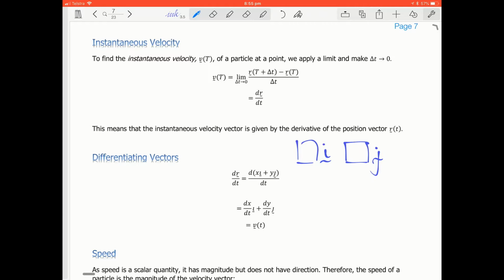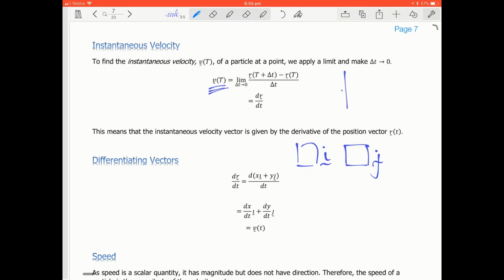So here, if I want my instantaneous velocity, it's the limit as the change in t approaches 0, because that makes sense. If we've got a position vector and another position vector, if I make the change here in time approach 0, they're going to be right next to each other, and it's going to give me my gradient of my position vector, which is my velocity.